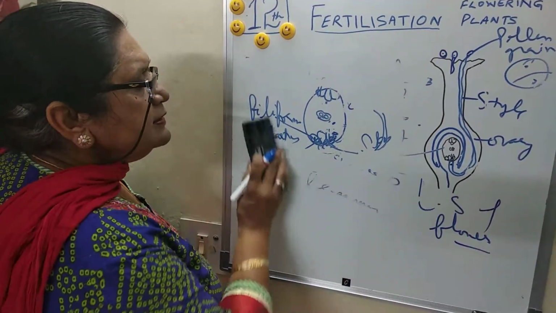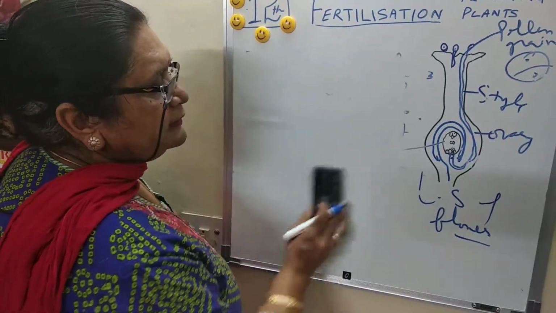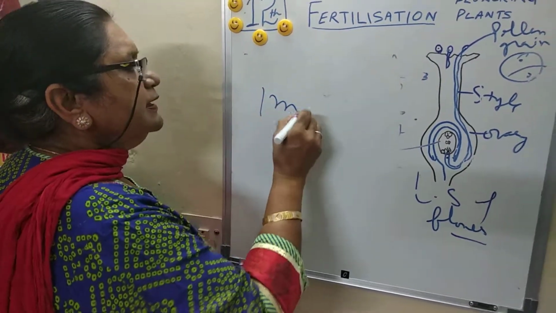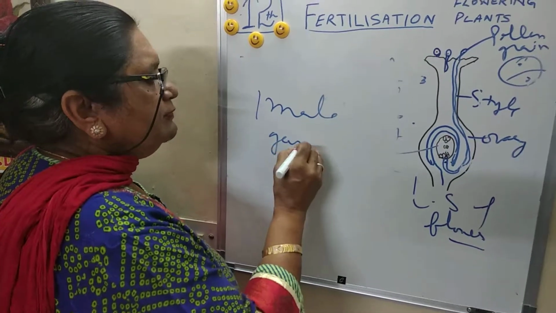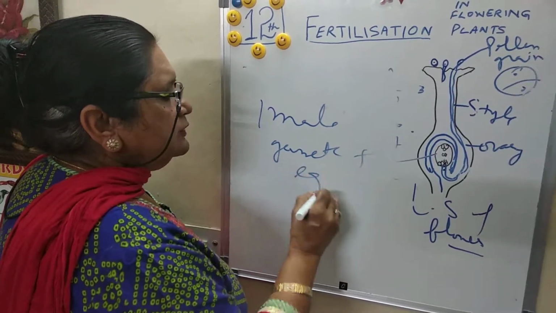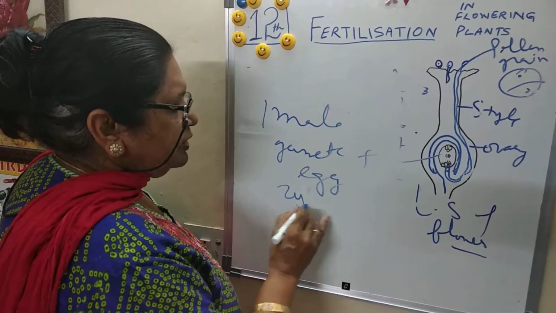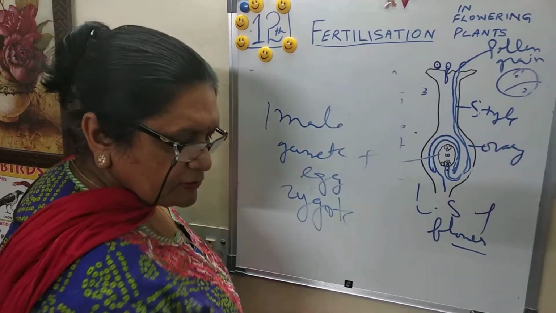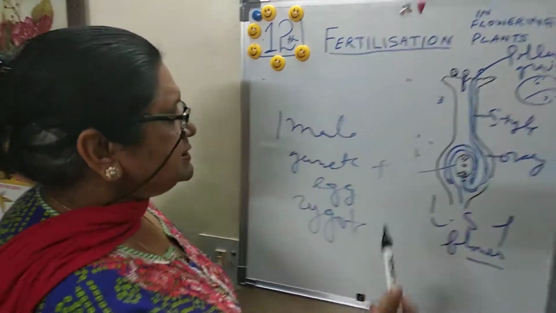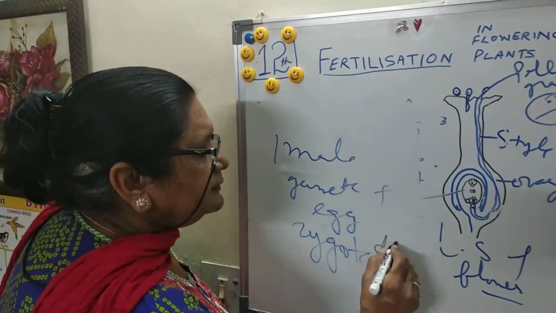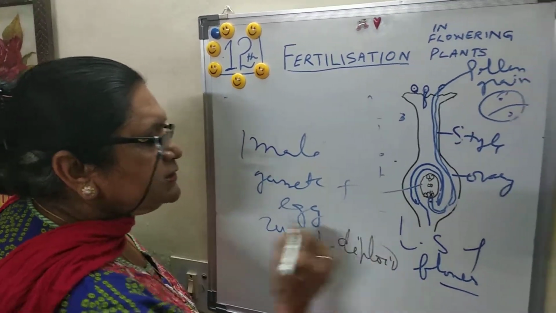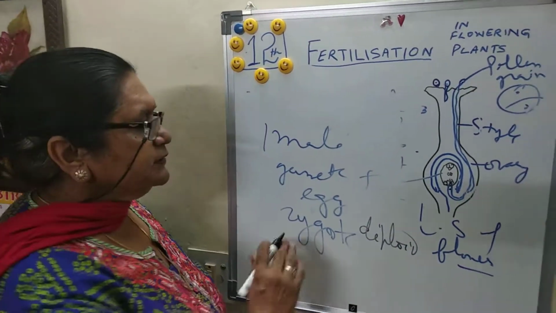Now, 1 male gamete combines with the egg to form the structure called zygote, which is diploid in nature, a 2N structure.